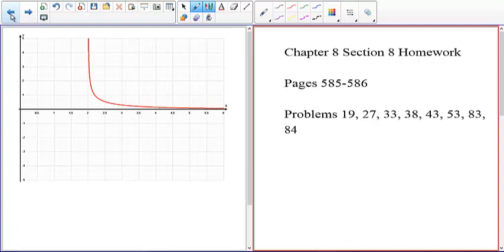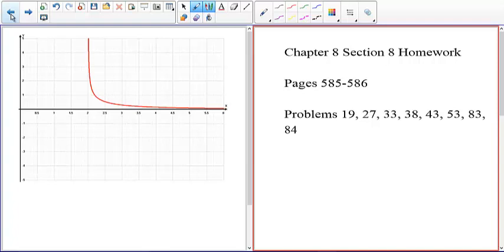So usually, just to give you an idea, I usually have one integration by parts problem, 2 trig integration problems, 1 trig substitution problem, 1 or 2 partial fraction problems, a L'Hopital's rule problem, and I can't remember.